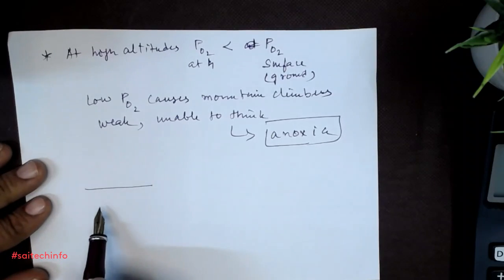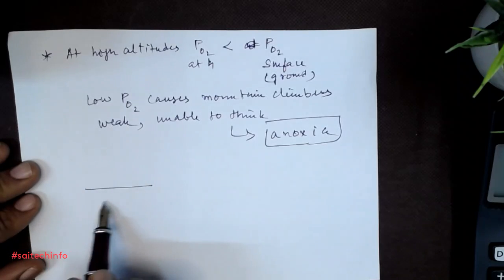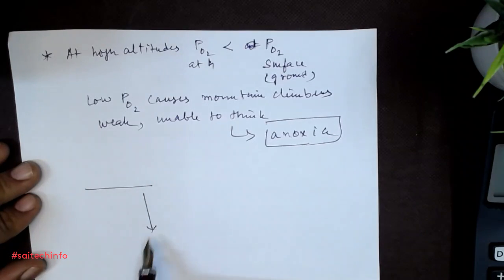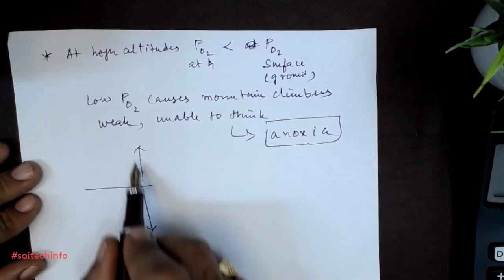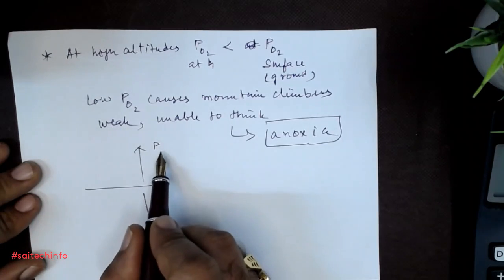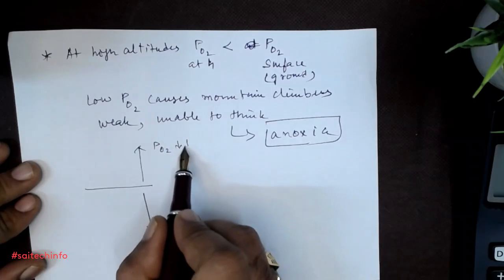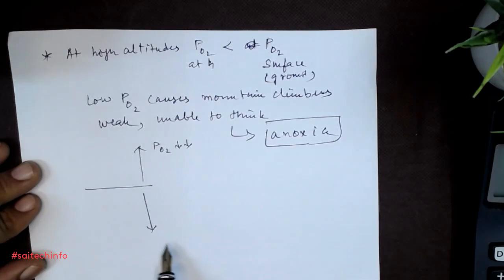So at a higher level, the partial pressure of oxygen is low. At a lower level, the partial pressure of oxygen is high.